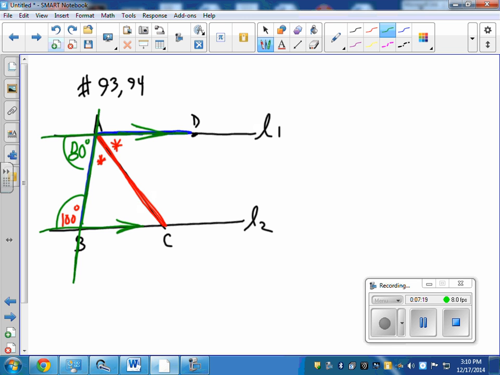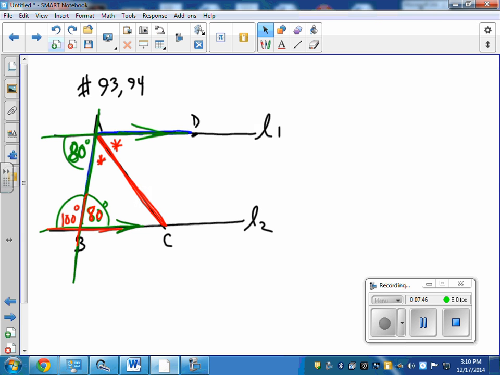So that gives us 80 there. Okay, likewise, this is our transversal, and the alternate interiors, this 80 up at the top, is going to be the same as this 80 at the bottom. Those are alternate interior angles. We could have reasoned that a different way, obviously. This is a linear pair right here, so they have got to be supplementary, 100 and 80.